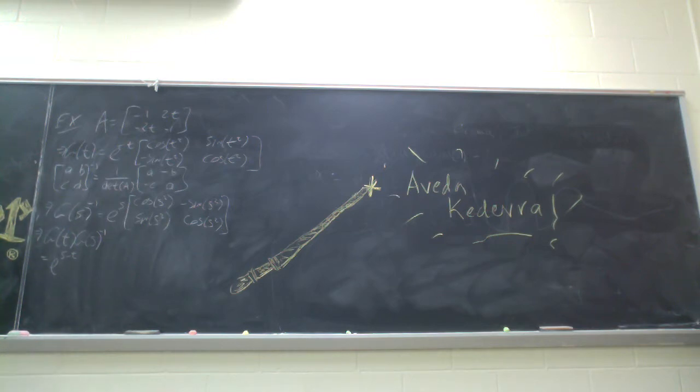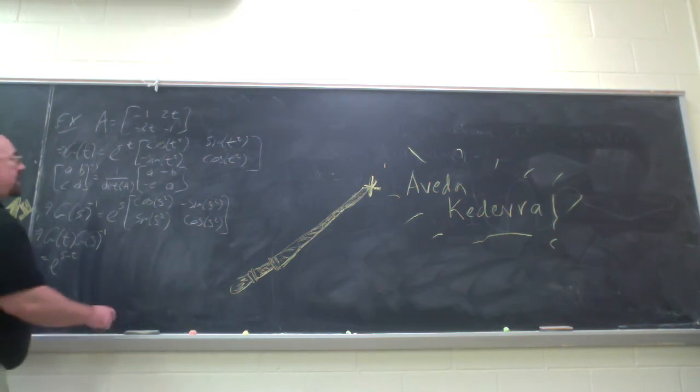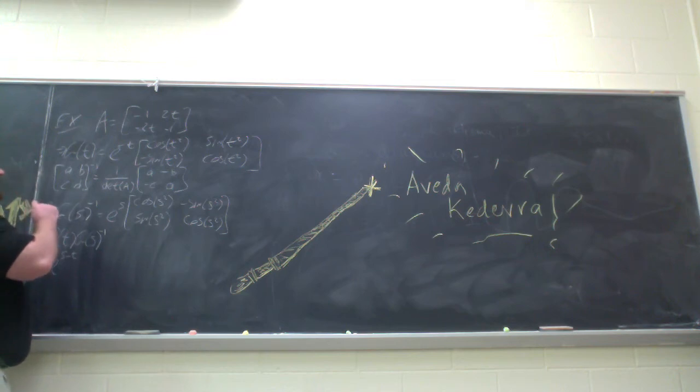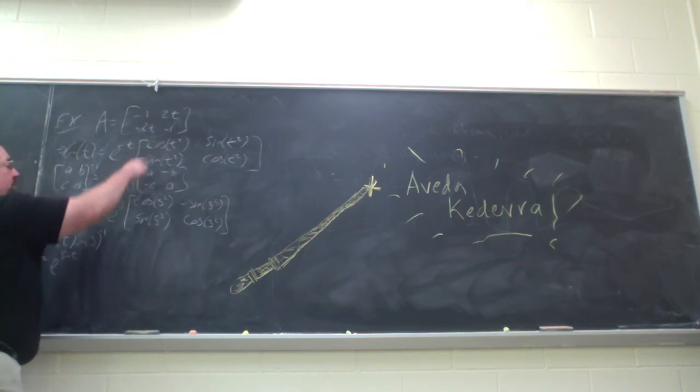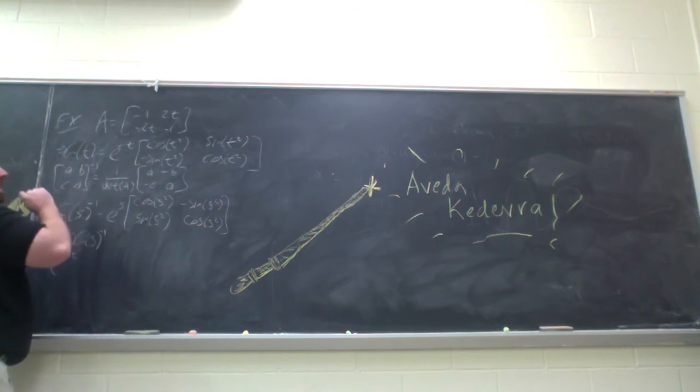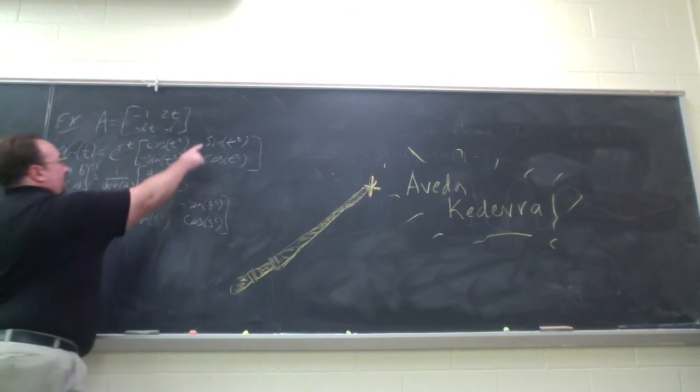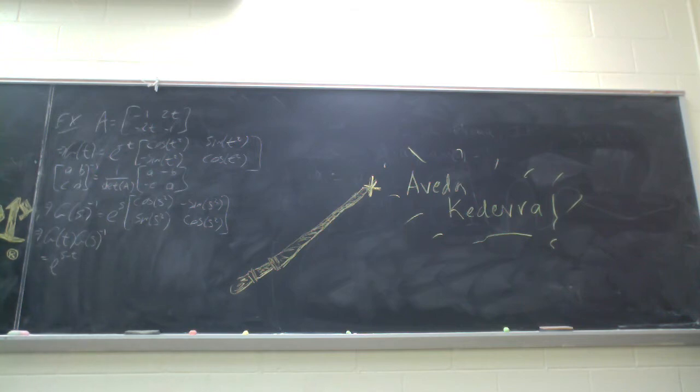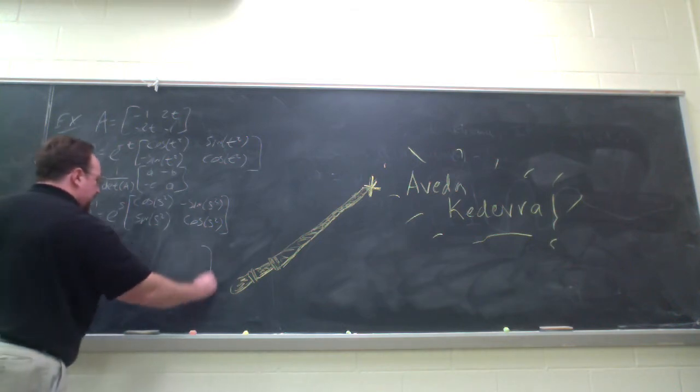Now if you carry out the multiplication, for instance in the 1,1 entry, you would get cosine t squared cosine s squared plus sine t squared sine s squared. So you have cosines times each other, and sines times each other, or sine times cosine. I won't do the whole thing out here, but when you multiply these out, you can use the sum and difference formulas for sine and cosine. That allows you to write this in a condensed form.